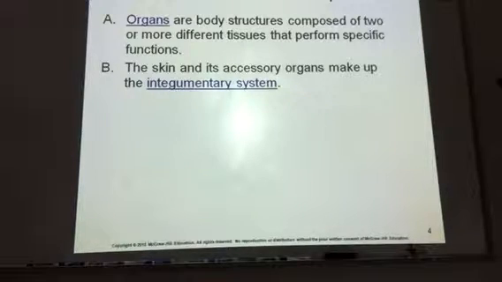So the integumentary system, which we just talked about, deals pretty much with your skin and the other accessory organs that go with it. The term organ simply means any body structure composed of two or more different tissues. When we say organ, we might think of the stomach or the heart, but it's really anything made up of two or more tissues.